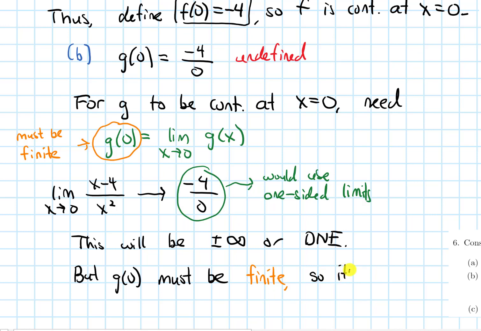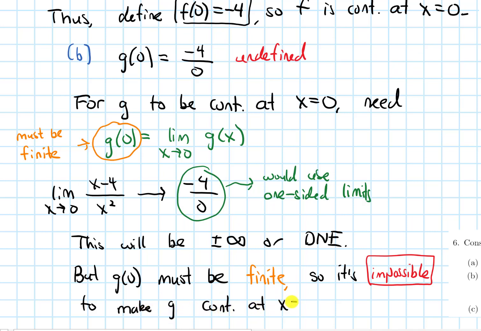So it's impossible. It is impossible to make g, our function g, continuous at x equals 0.